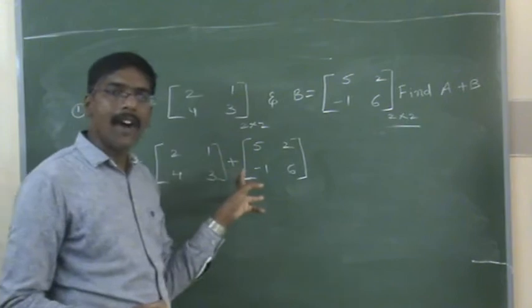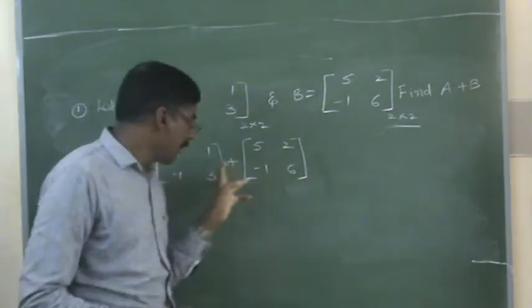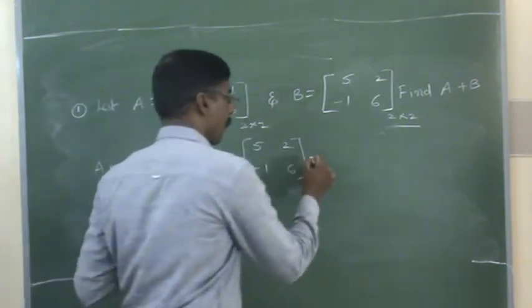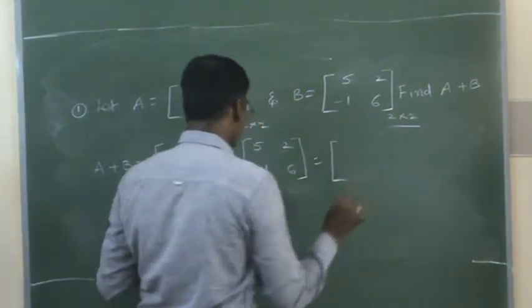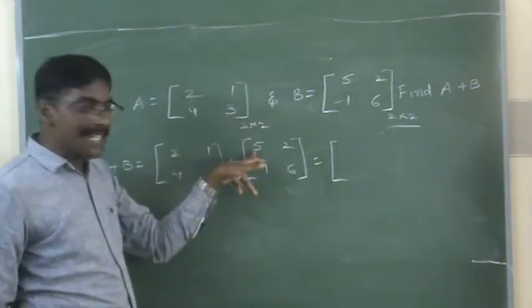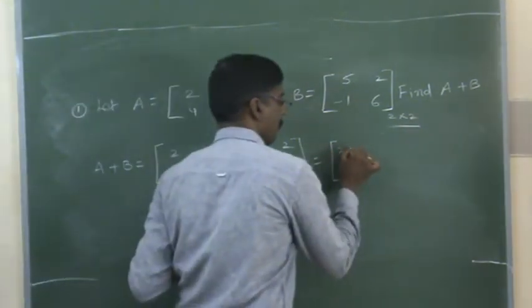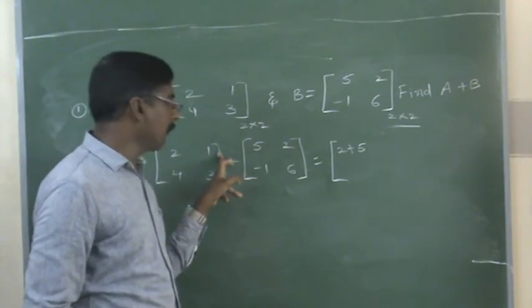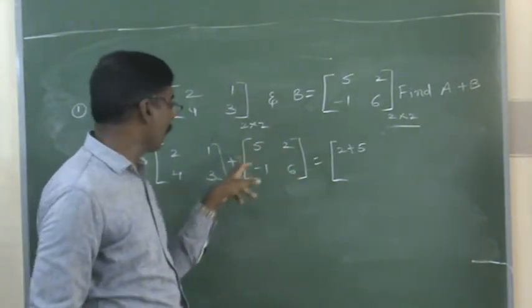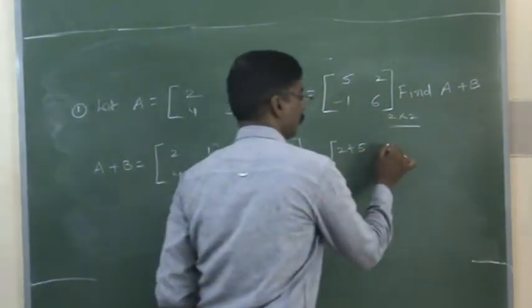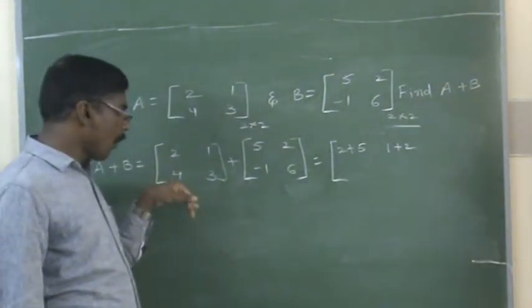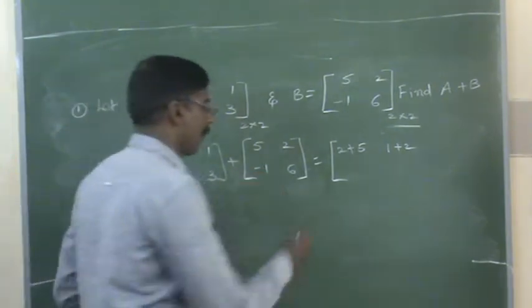I will inform you: while adding two matrices, check their corresponding elements' addition. The values can be written as 2 plus 5. Next, 1 plus 2. Next, 4 plus -1.